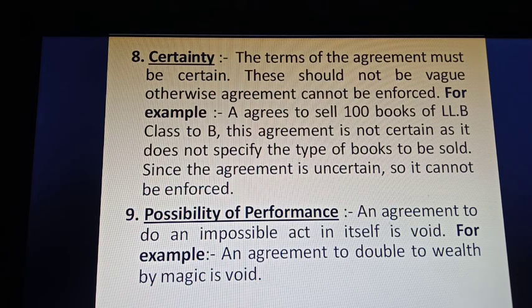There must be a possibility of performance in the agreement. An agreement to do an impossible act is in itself void. For example, an agreement to double the wealth by magic is void because it is impossible that the wealth of a person can be made double by magic.